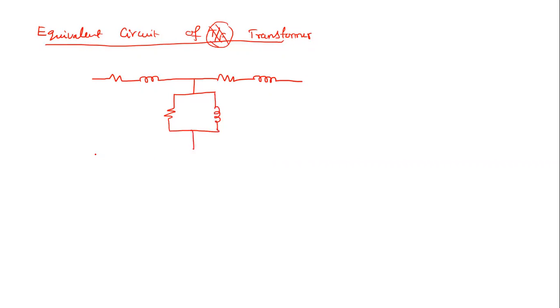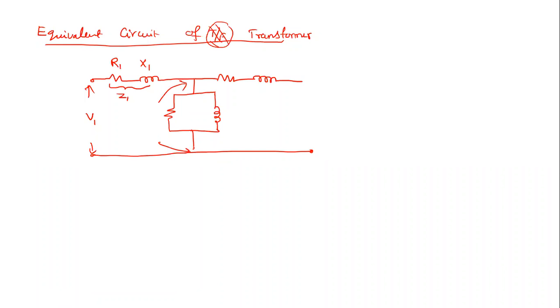All the things we have to sketch like this. We have connected here V1, the primary voltage of the transformer, having resistance R1, X1. What is the impedance by combining these two? Say Z1. EMF gets induced here, say E1.